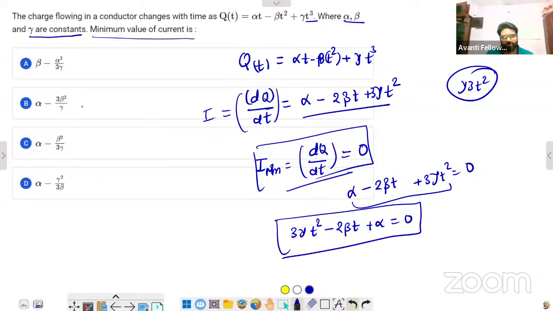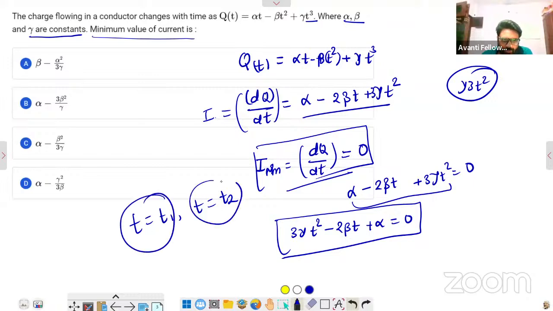When you solve this equation, you will get two values of time, let's say t equals t1 and t equals t2. Of t1 and t2, you have to consider the positive value, and put that value in the expression. At that particular time, the current is minimum.